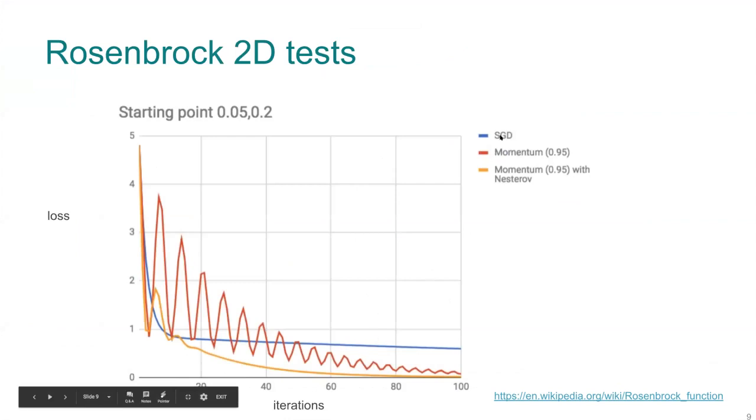If you use regular stochastic gradient descent, you get this blue line here. If you use momentum, you get a smaller error, but you can see there are some more oscillations in the loss function. And if you add Nesterov to it, you get the yellow line. The yellow line shows both better convergence behavior and that it's more stable.